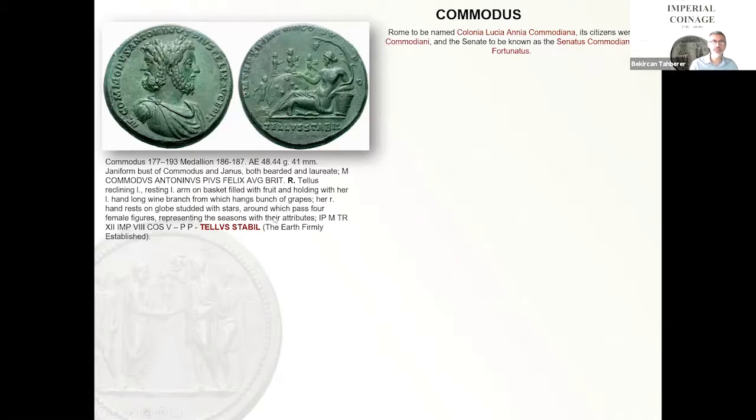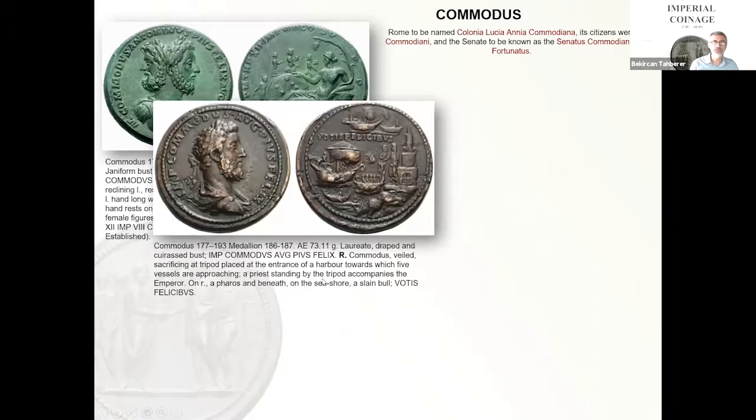On this one, we see a Janiform bust of Commodus and Janus, both bearded and laureate. And on the reverse, you have Tellus, reclining, resting, her right hand on a basket filled with fruit and holding with her left hand a wine branch. It's a whole scene of the earth, and he claims that the earth was firmly established during his time.